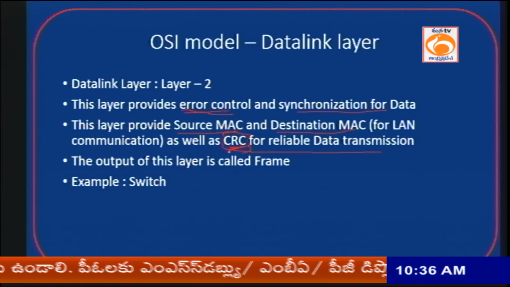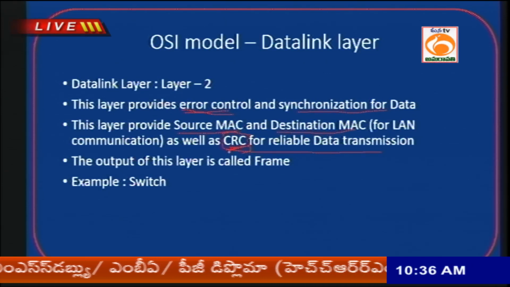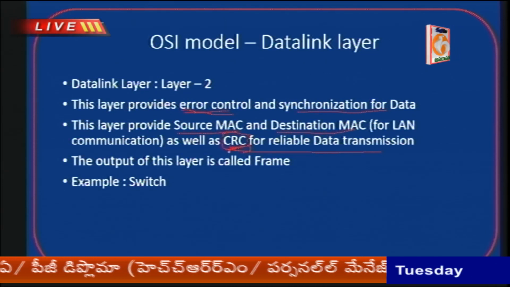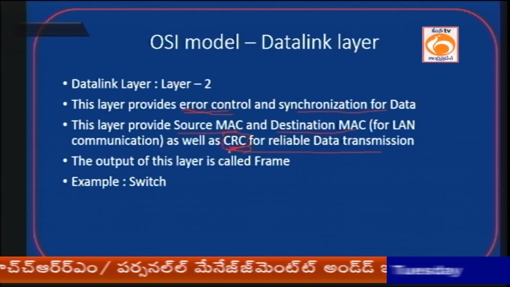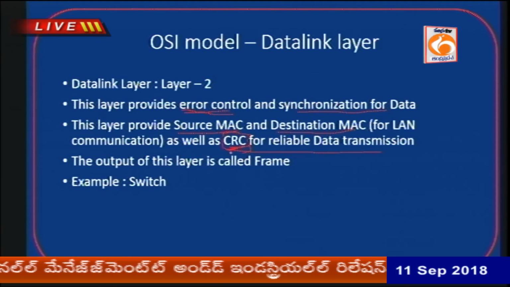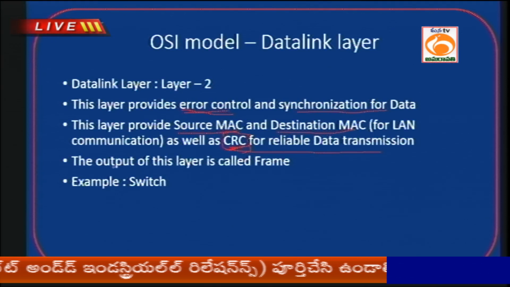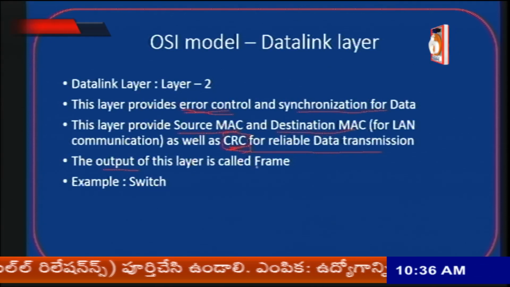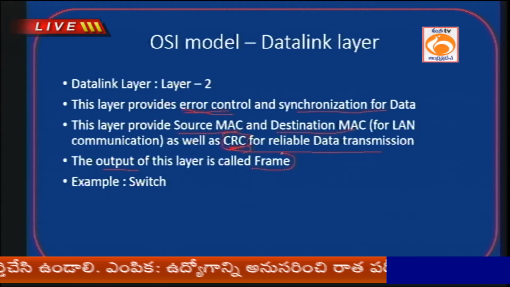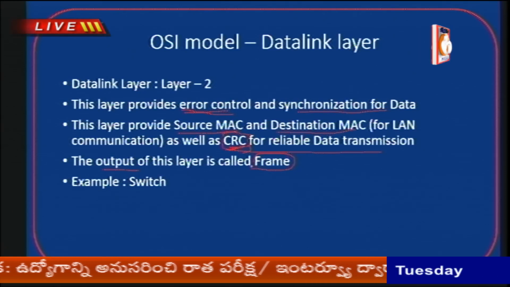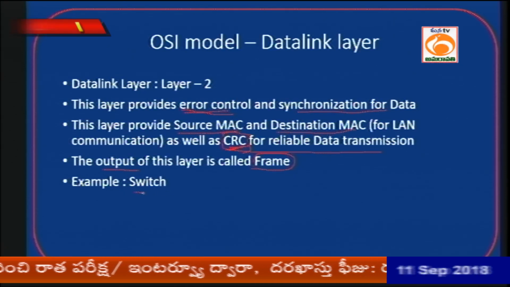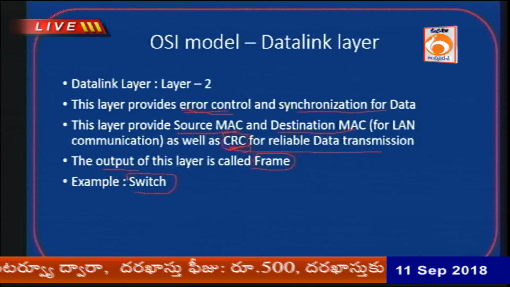If a packet is damaged in transit because of collisions or broadcast, that packet will be removed and will not be delivered to the destination. And the output of this layer we call a frame. Frame is called the protocol data unit, and the example of this layer is the switch.